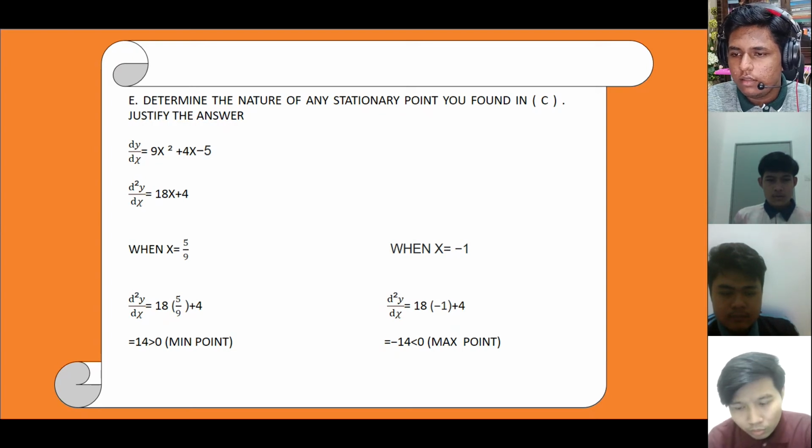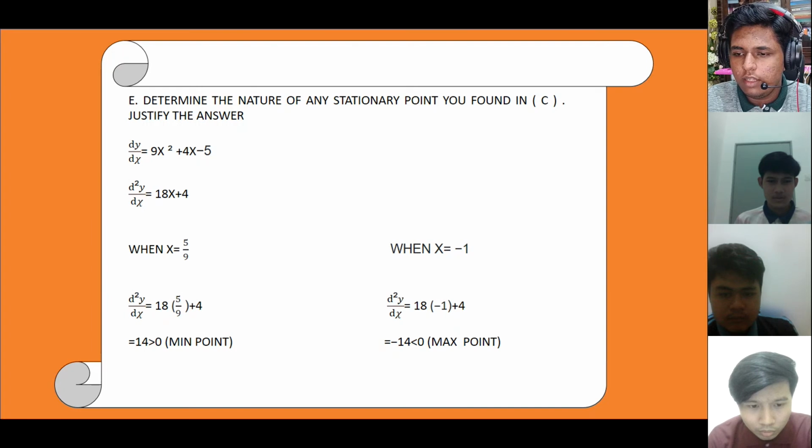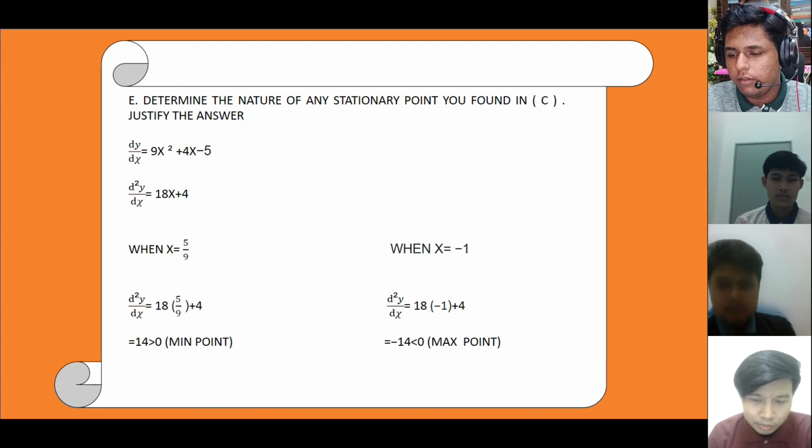So when x equals 5 over 9, we substitute the value of x into the equation. d squared y over dx squared equals 18(5 over 9) plus 4. So we got 14 for the minimum point.